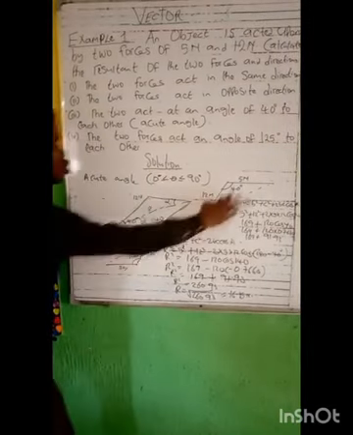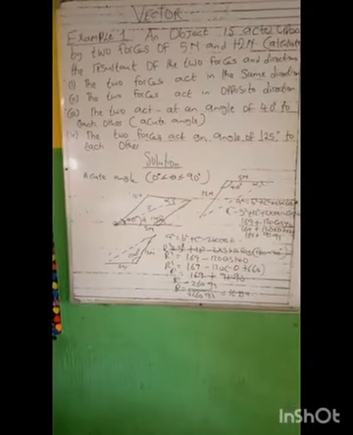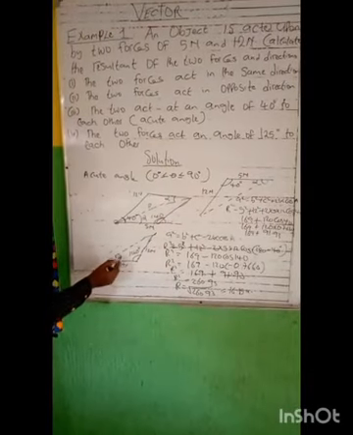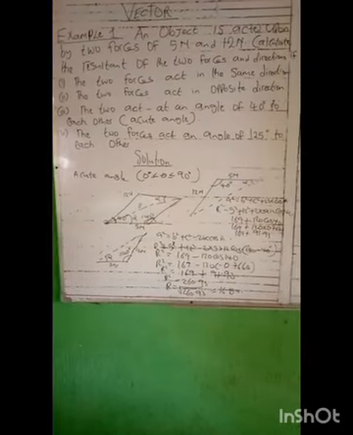So I can choose to use this triangle and make sure that I'm using this as my direction, or I come here and use this place as my direction. Either of the two, I'm still going to get the same answer.